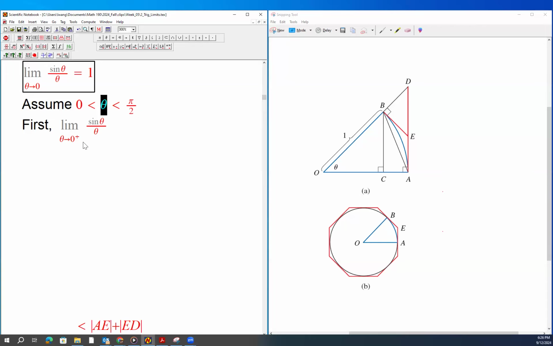Because as theta approaches 0 from larger than 0, this is the angle measured from the x-axis, so this angle is theta.